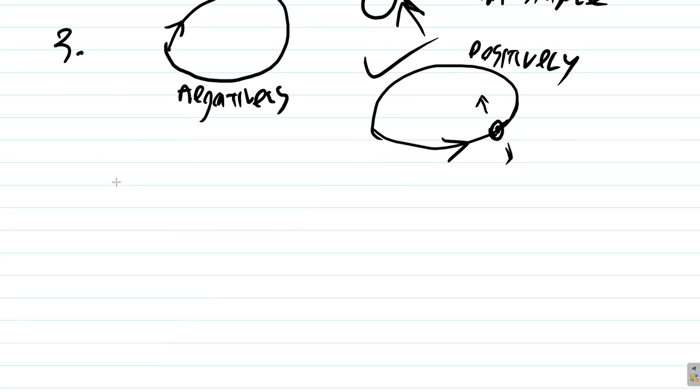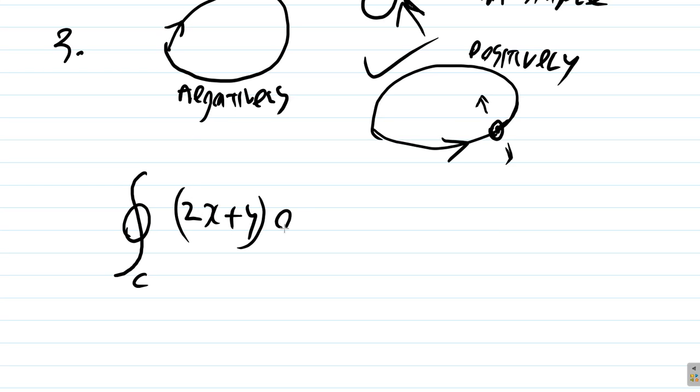Now, here, we're going to evaluate the integral around a closed loop of a curve of 2x plus y dx plus 3x minus 2y dy.